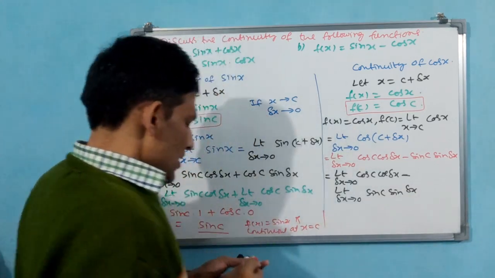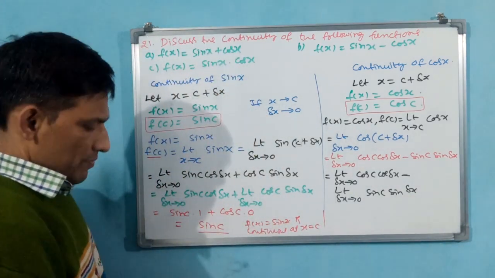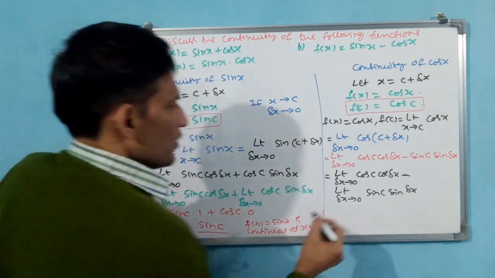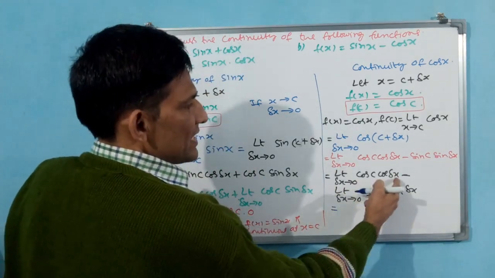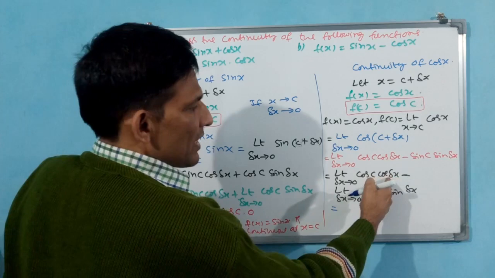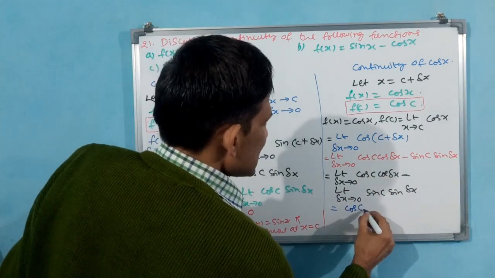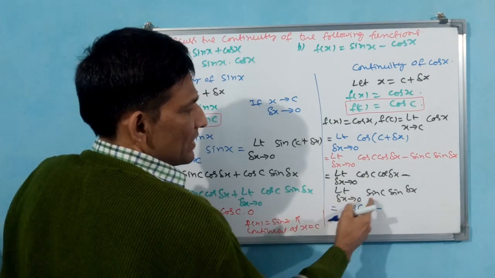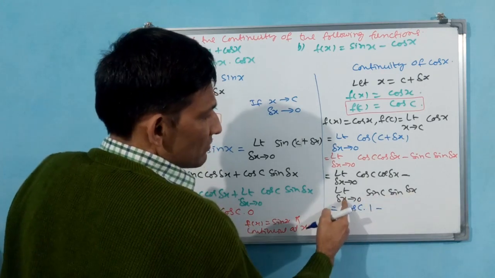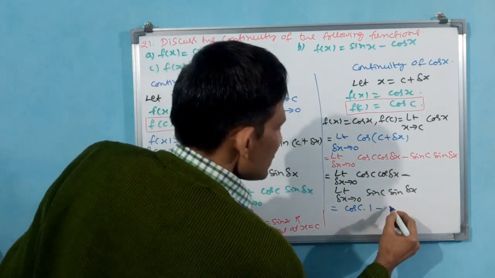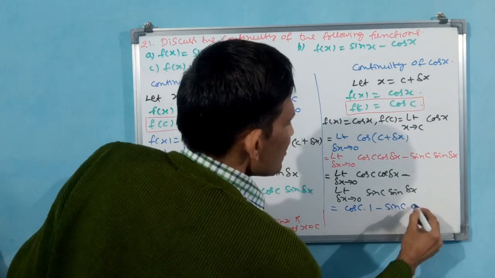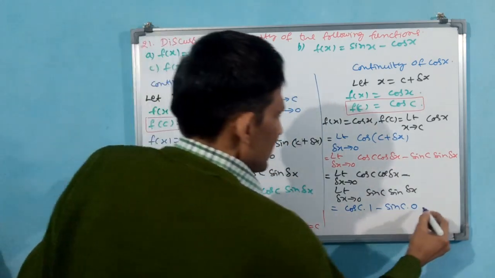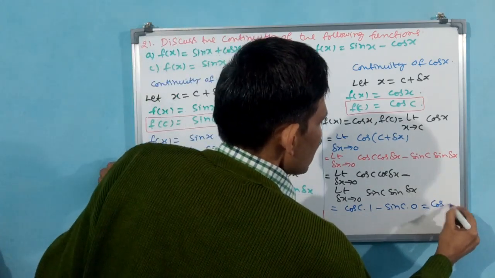Now you apply limit. If you apply limit, automatically here cos 0 is 1, so cos c into 1. Minus is there. Sin 0 is 0, so this is going to become sin c into 0. Finally, what you are going to get? You are going to get cos c.